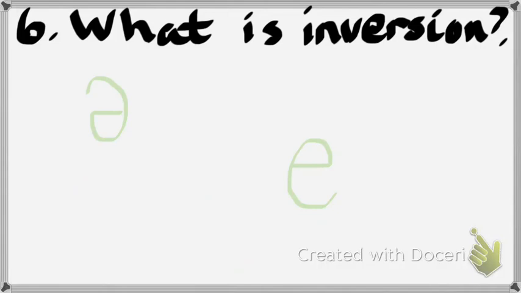Okay, so everybody check it out. This was the before, and that was the top of the letter E, and now where is it? Now it's down here. And this was the bottom of the letter E, and now where is it? The top. This was the left part of the letter E, and now the left part is on the right.